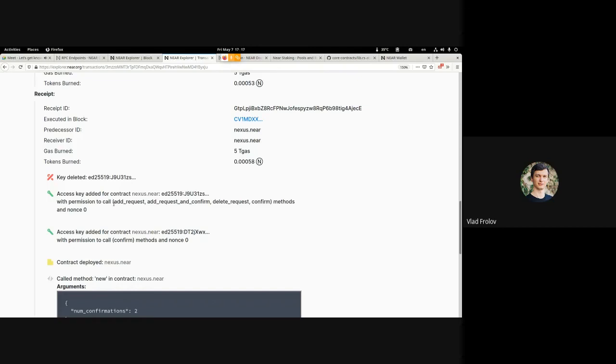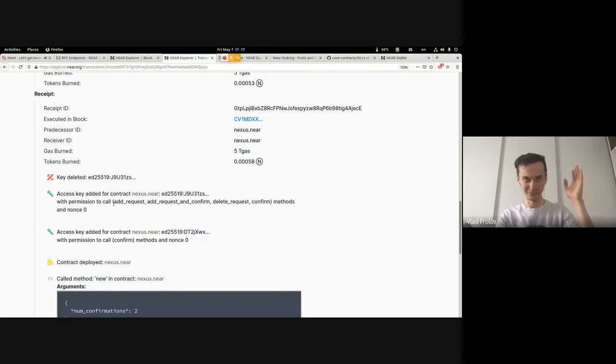Is it possible to add requests on adding another full access key? Yes, you can do it. You will add a request, then confirm it, and then you will have that access key on your account. So it's not a definitive protection which you cannot undo. You can even remove 2FA. On the wallet side, you can submit a request to deploy an empty contract, or call a destroy method.